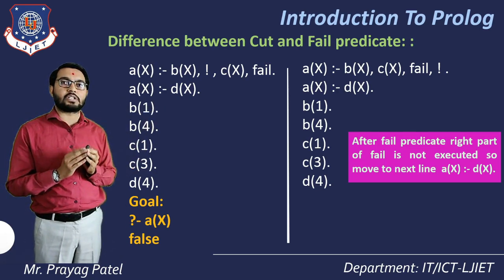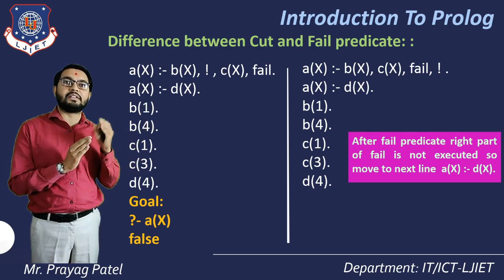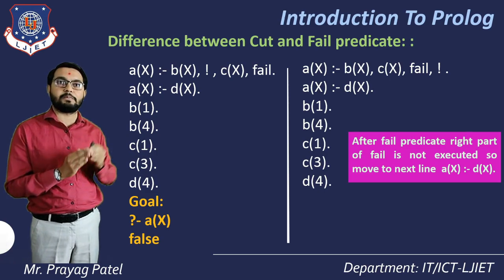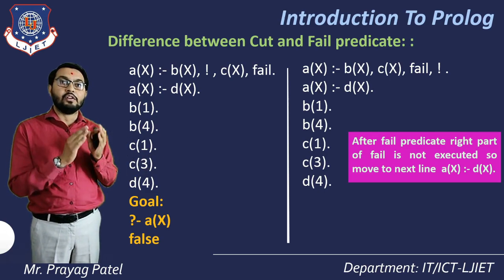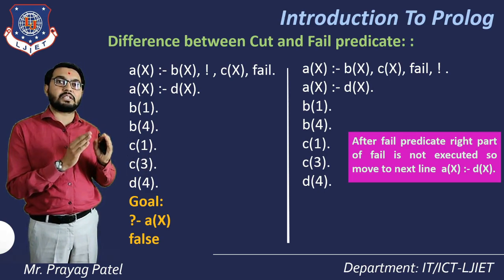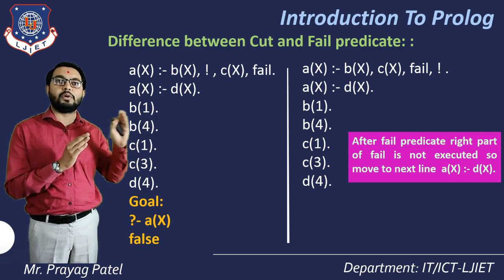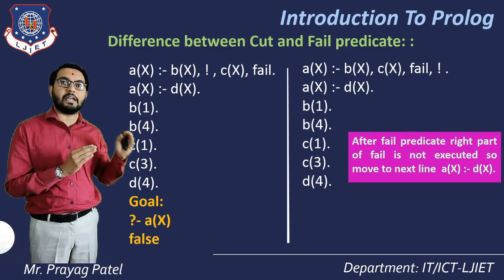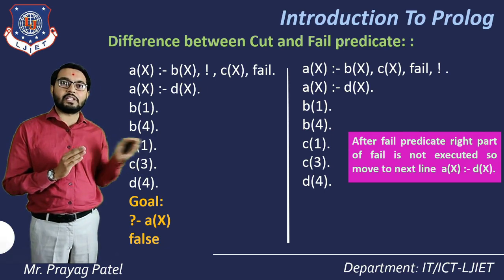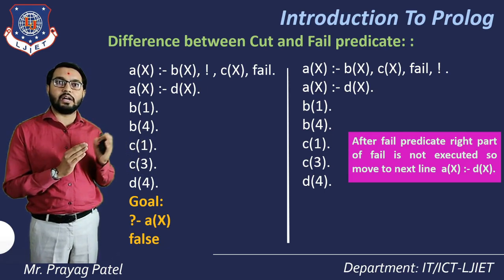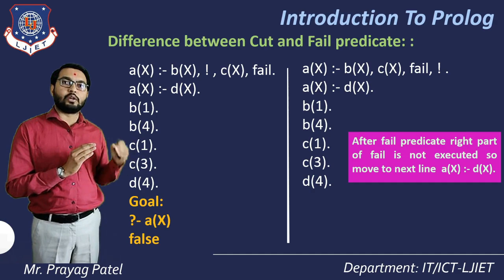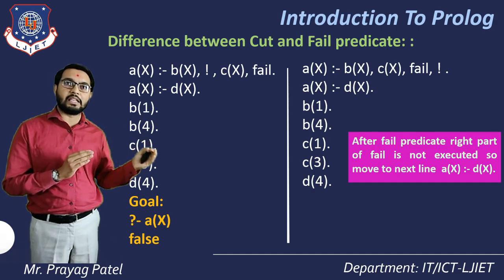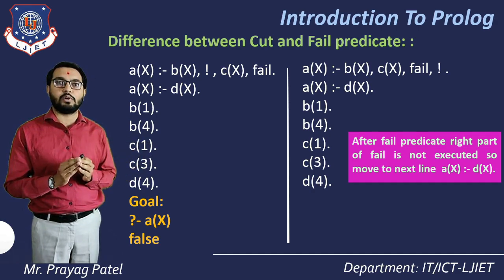For the first line we consider B1, then C1. B1 and C1 are both satisfied. Then consider the fail. Since the fail statement occurs, the right side of the fail is not executed, which means the cut is not executed, and we perform the next line A(X) if D(X). For that we check: A1 D1 not possible, D2 not possible, D3 not possible, D4 is possible.